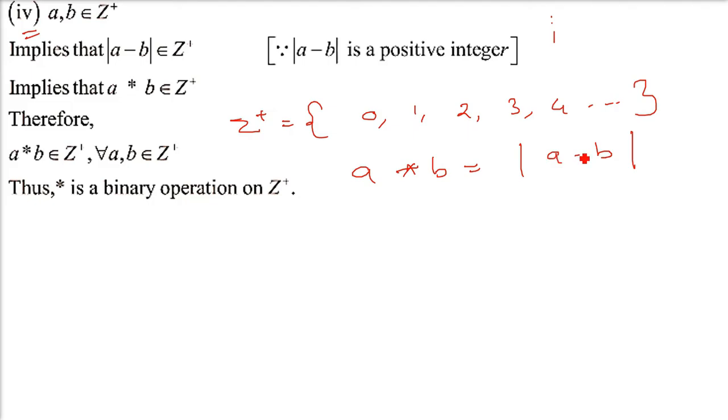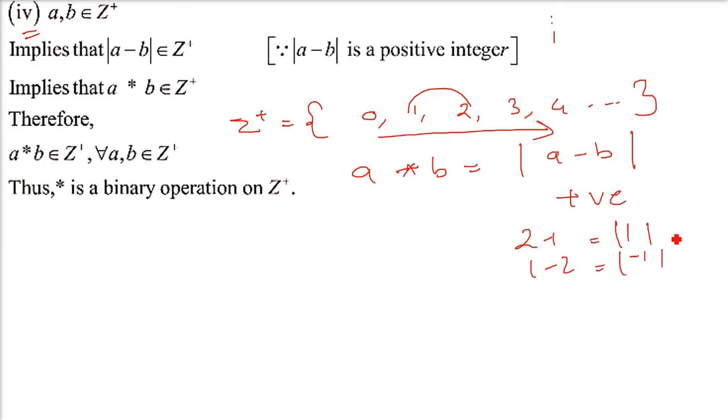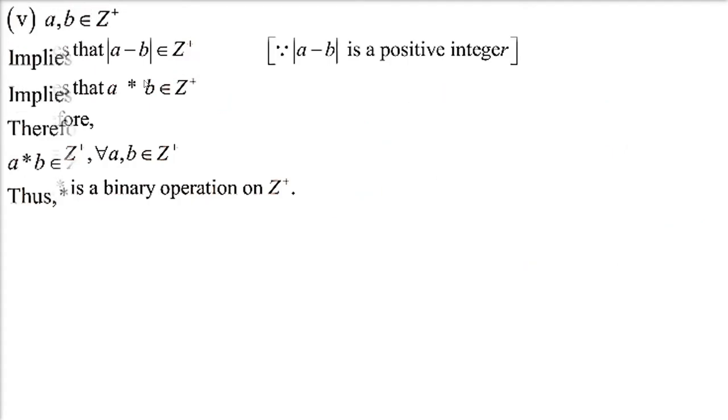But here we have a modulus, and modulus will always give you a non-negative number. Even if you subtract a higher value from a lower value, you'd get a negative value. For example, 2 minus 1 and 1 minus 2 give 1 and negative 1, but since we have the modulus, it will always give you 1. So star is a binary operation on Z plus.